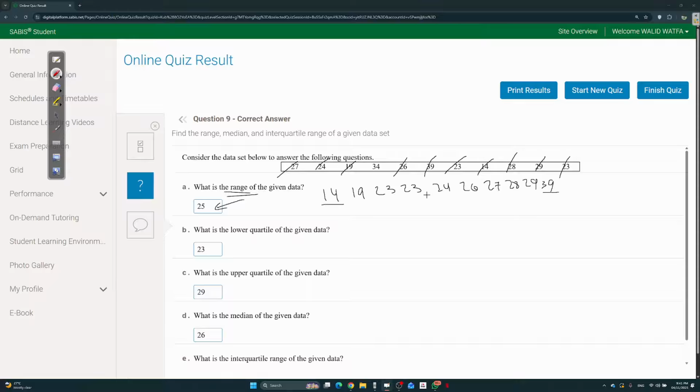What's the lower quartile? Like I told you, split it up into 2 because it's just a few numbers only. 2, 4, 6, 8, 10. It's even. Okay, let's split it up to 5 and 5. So over here, what's the median? The median of the lower range is 23. Then in the upper quartile, the median is 28.